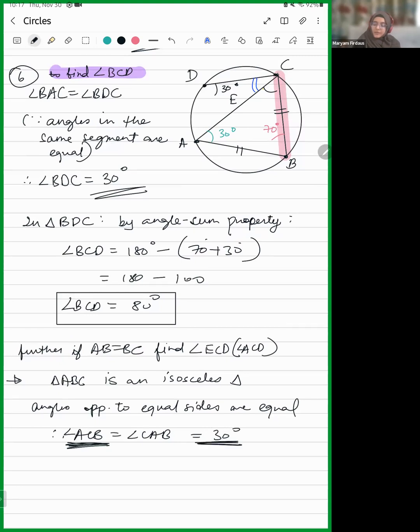Now, if ACB is 30 and we know that the entire angle is 80, because angle BCD we had found in the previous part of the question, from here to here the entire angle is 80. So if a part of the angle is 30, the remaining part will be how much?